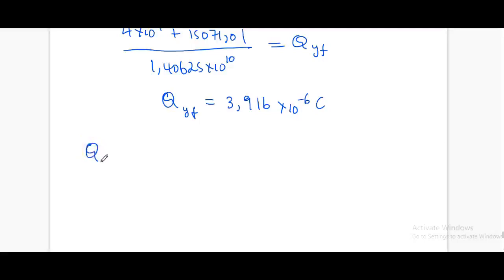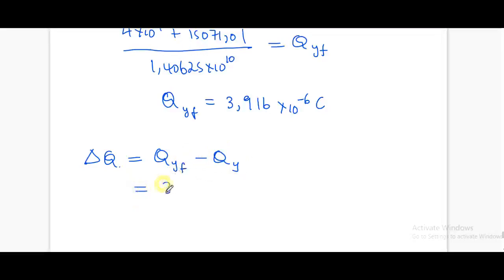So we're going to say the change in charge. The change in charge is going to be the charge of y final minus the charge of y initial.